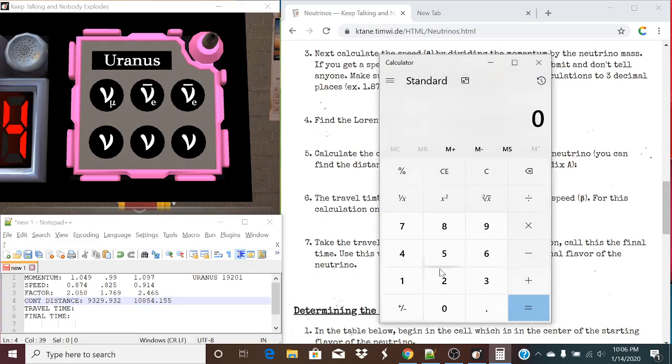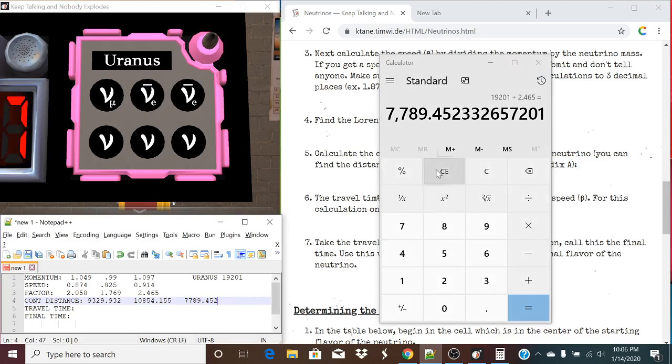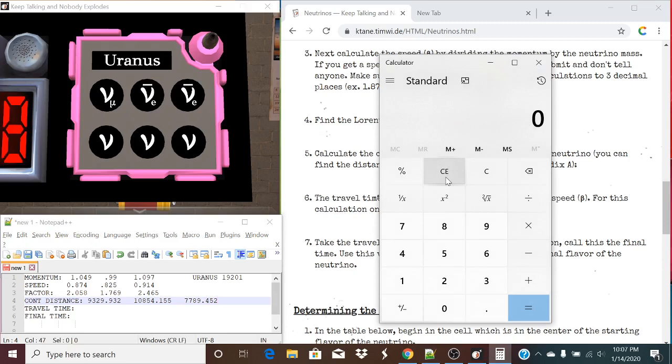And finally, 19,201 divided by 2.465 gives us a final value of 7,789.452. Always pay attention to rounding up, because, not gonna lie, I kind of messed up recording one of these, and it really does make a big difference on your final time, or your travel time as it refers to.